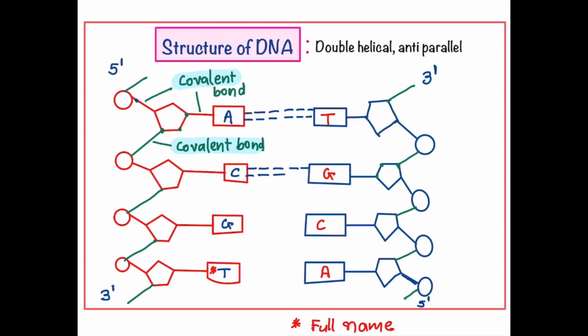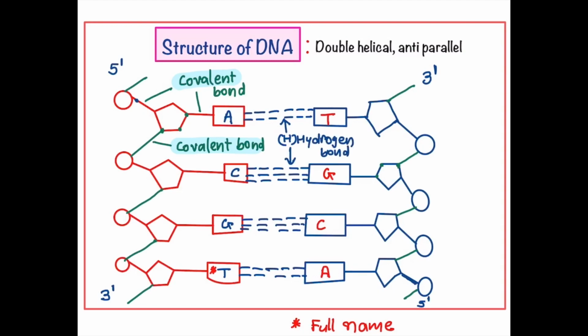Another thing, see here I am drawing 3 dotted lines for C to G. Again, C to G, 3 dotted lines, right? And for T to A, 2 dotted lines. Why? Because according to the structure, 2 hydrogen bonds are formed between A and T and 3 hydrogen bonds are formed between C and G. So here they are joined together by hydrogen bonds.